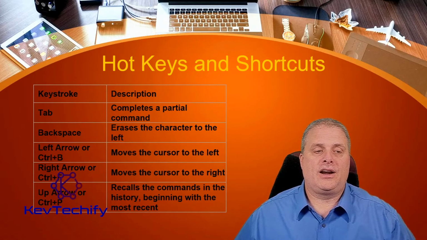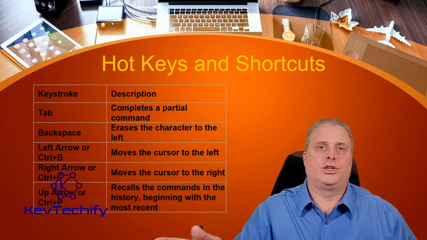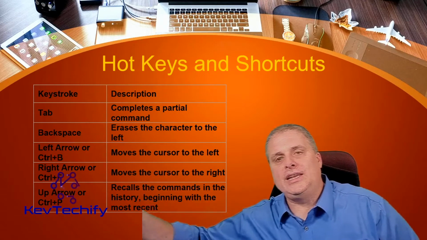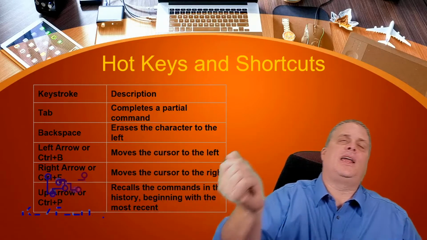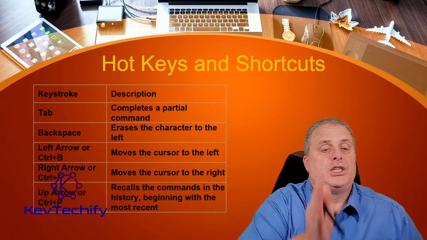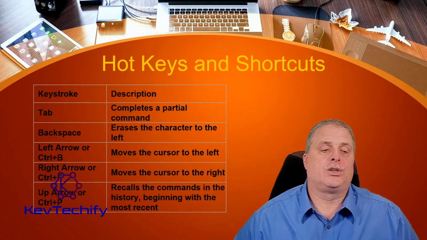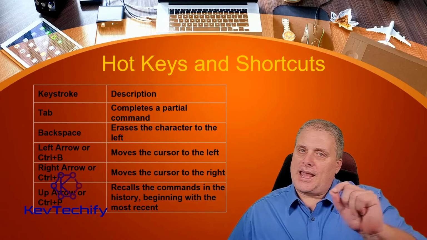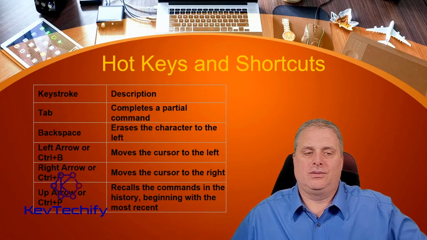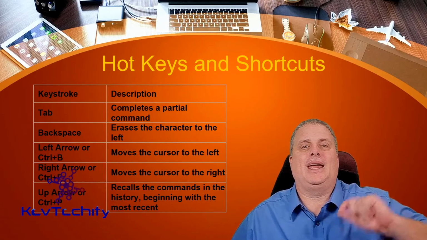You can hit the left arrow or Control B and it moves the cursor one to the left, so you don't have to delete everything from the right side to the left side. You can just arrow over to where your typo is, change that, and hit enter. Left arrow and right arrow move the cursor around. The last one here, the up arrow and also the down arrow, allows you to navigate through the command history.